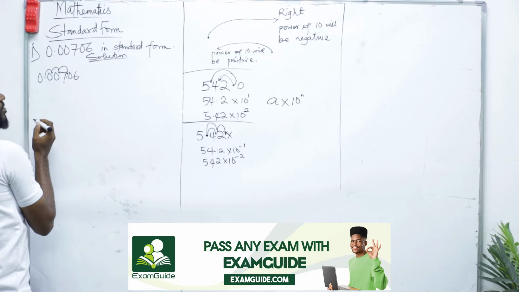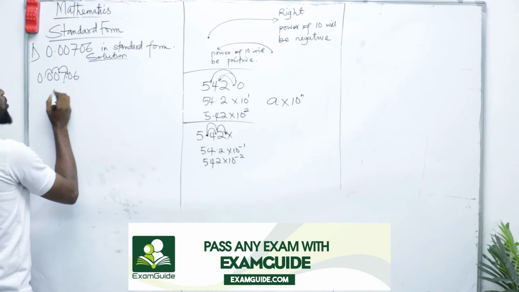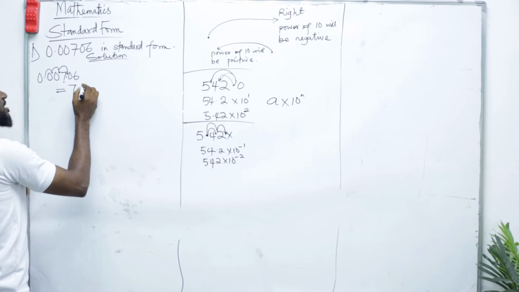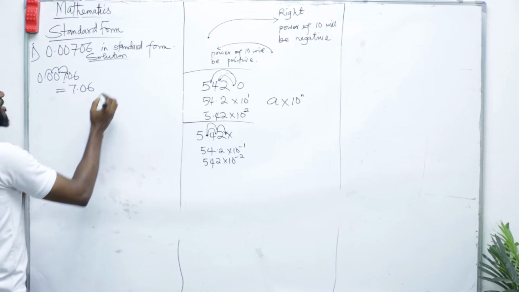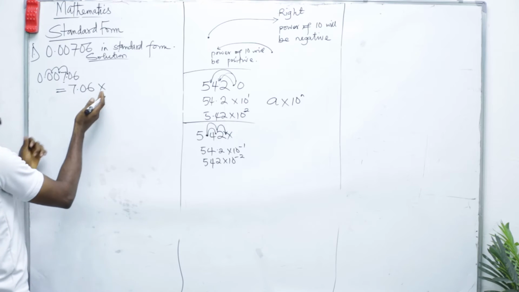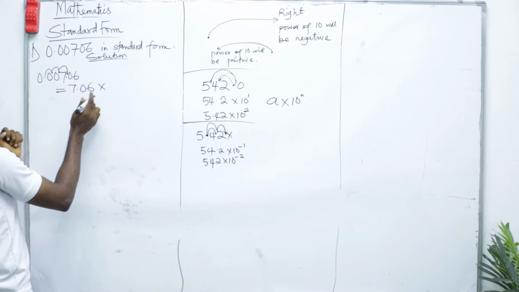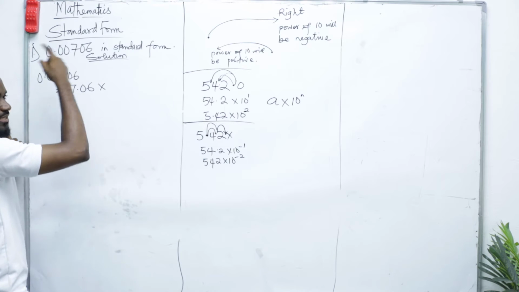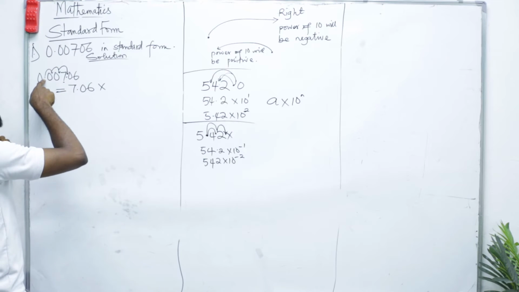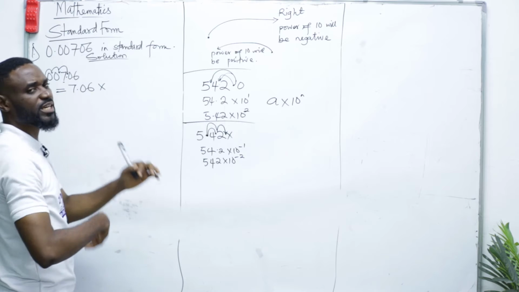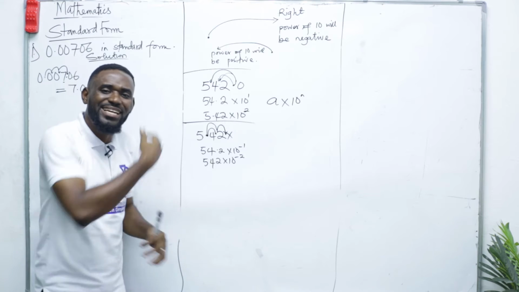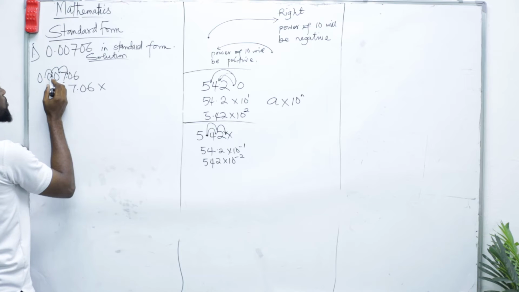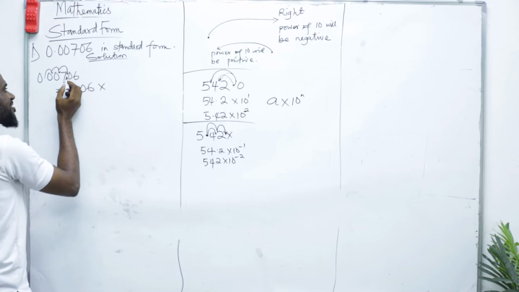This gives us 7.06 times. The multiplication sign comes from the number of times this decimal moved. So how many times did it move? It moved 1, 2, 3.